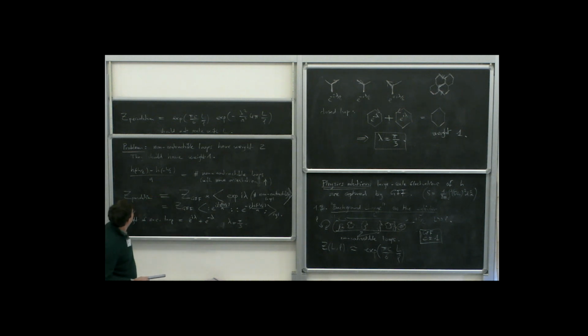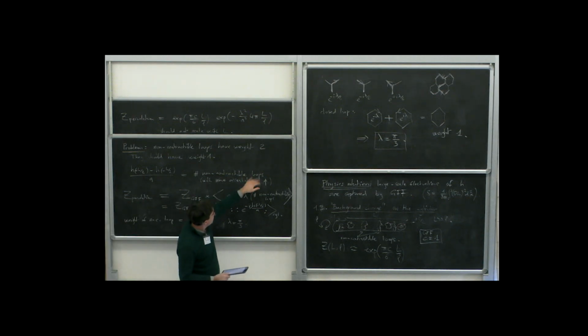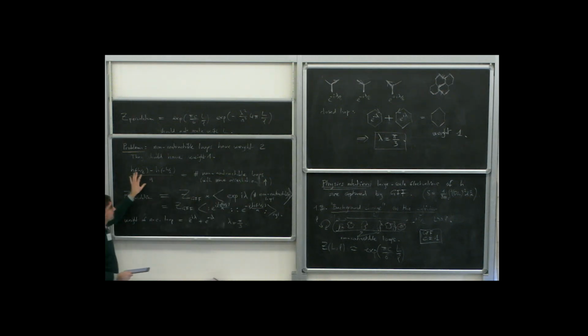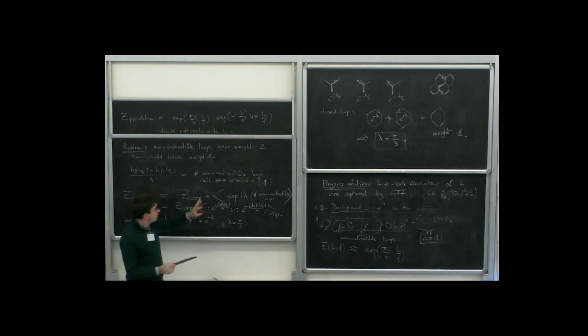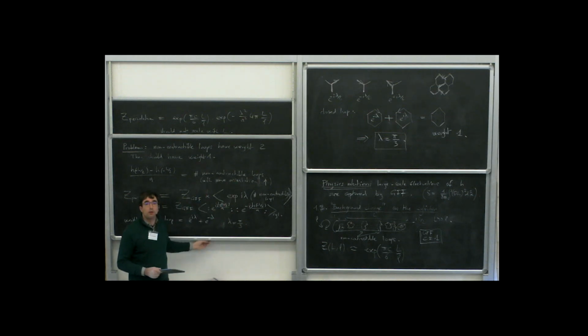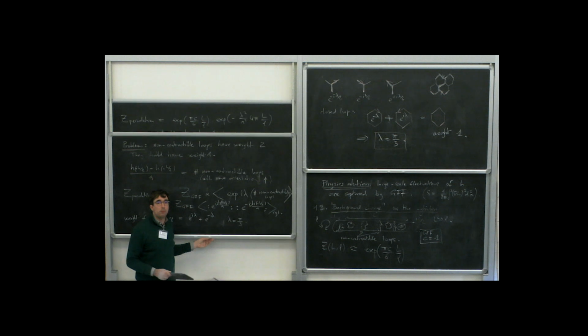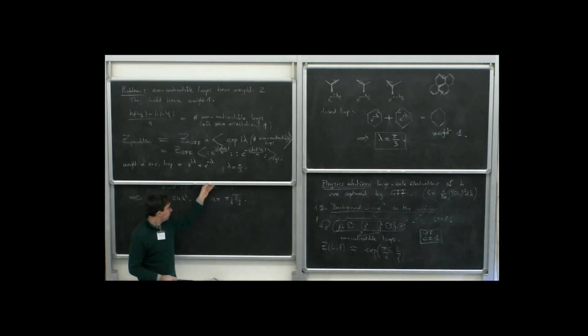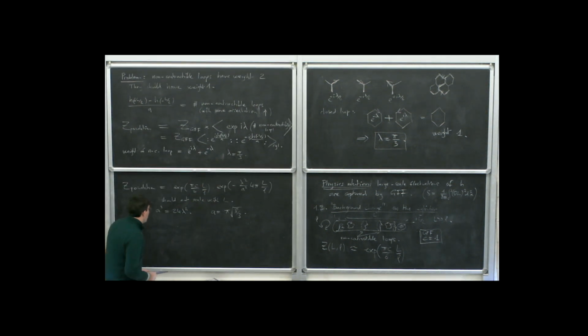You have to think about it yourself. But if all the loops are oriented in the same direction, then it's easy to see that this is the result. Do you agree with this? From the definition, we have decided that our field jumps by an amount a every time we cross a loop. Then you need to think just a little. You need to convince yourself that this still goes through even when you put the other orientations. This I will not do now, but I'm just trying to sketch the thing.